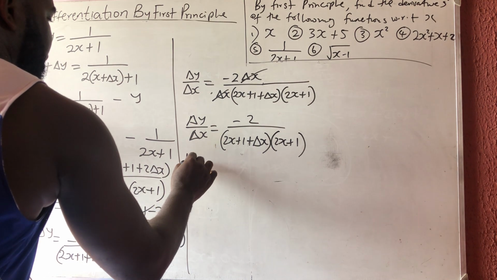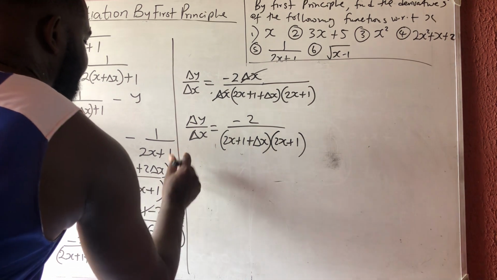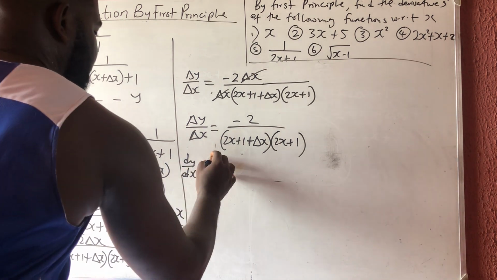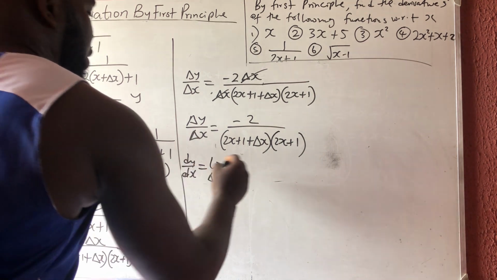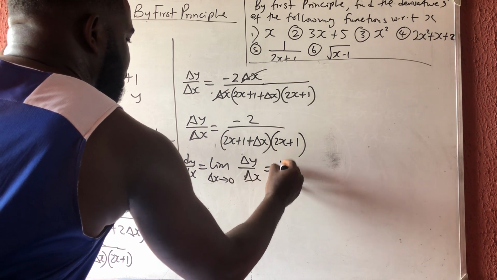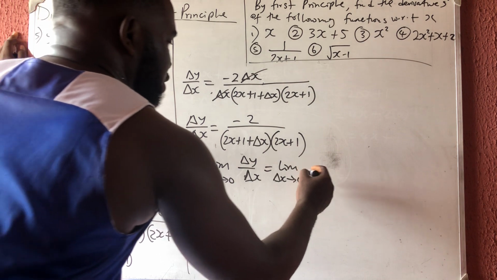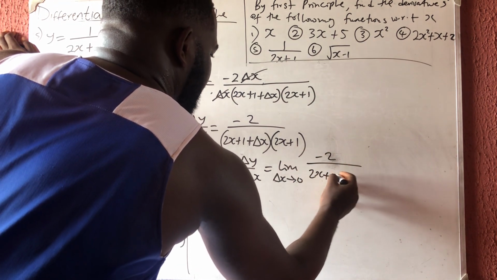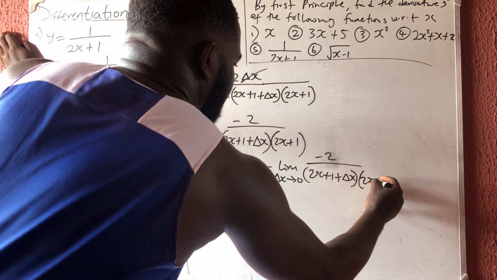So you now say that dy dx is equal to what? The limit as change in x approaches 0 of change in y over change in x, which is equal to the limit as change in x approaches 0 of all these people here, of minus 2 all over 2x plus 1 plus 2 change in x, then into 2x plus 1.